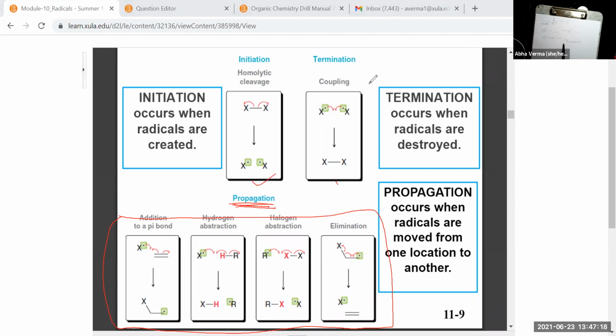It is quite straightforward for initiation and for termination. So this is your initiation, this is your termination. Look at how the radicals form, an even spread. On the other hand, termination is the merging of both the radicals.